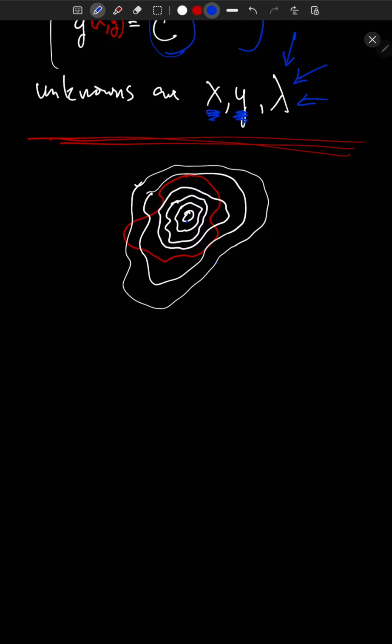If you're looking at, for example, a topographical map with a road on it, this might be what the map looks like, the road being the red segment here.